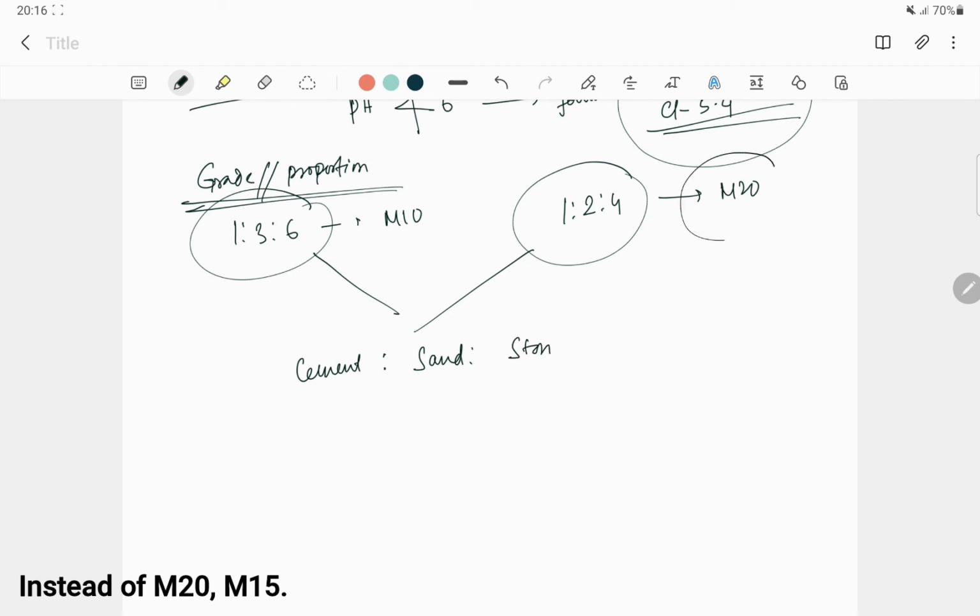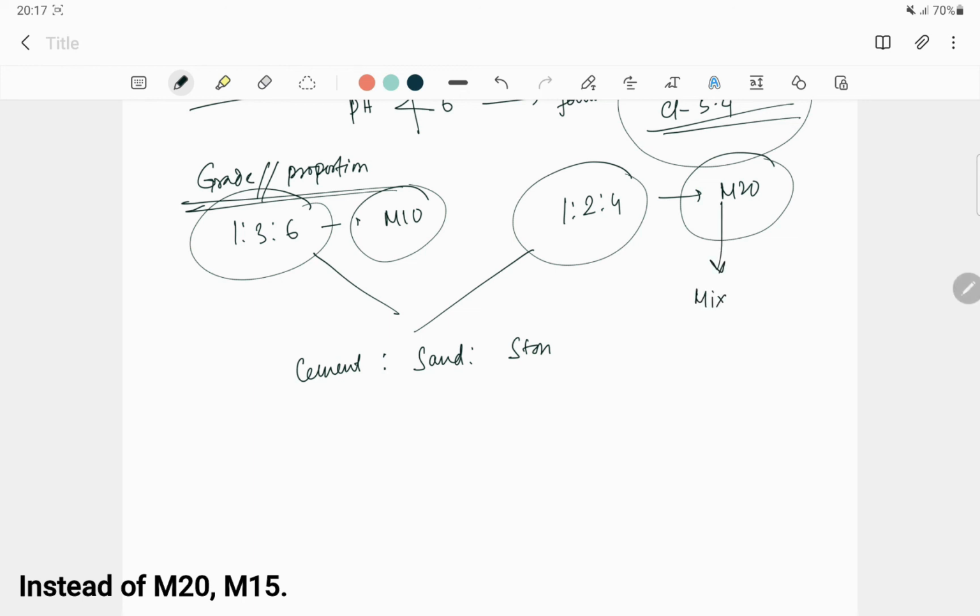But what do you mean by M20? What do you mean by M10? Anyone says M10, M20, but what is this M10? Now, M means mix.